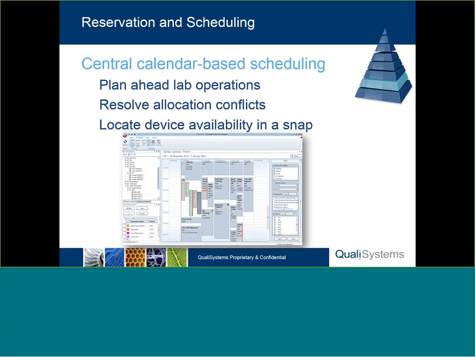This is how the calendar looks, very similar to Outlook. You see that you have the search here. You can search devices. Here you can schedule during the week or whenever you want a topology, a specific resource, or how many resources you need.